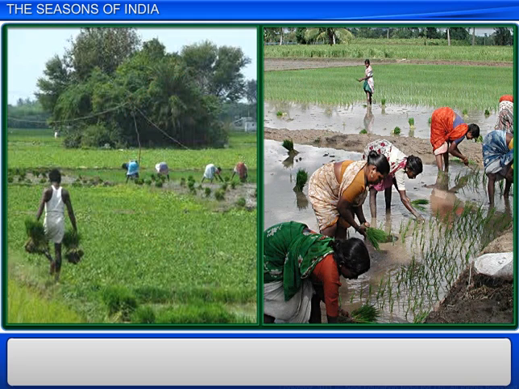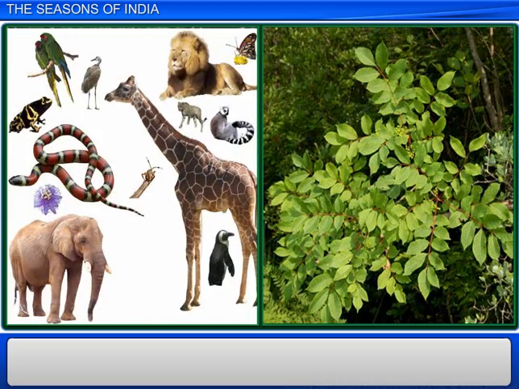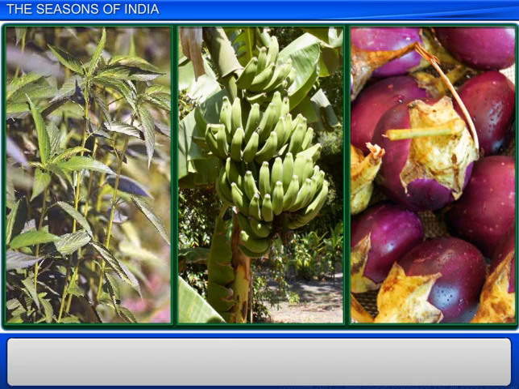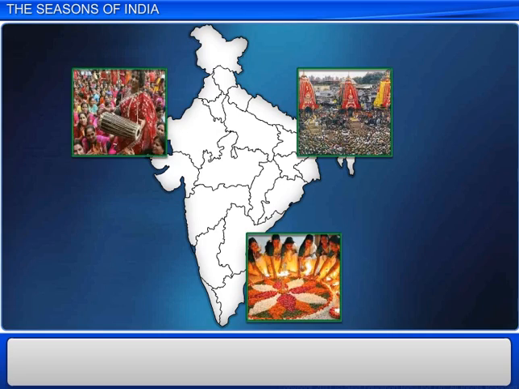The phenomenon of monsoon is an integral part of the Indian landscape. Animal and plant life, agriculture calendar, and the life of the people and their festivities.